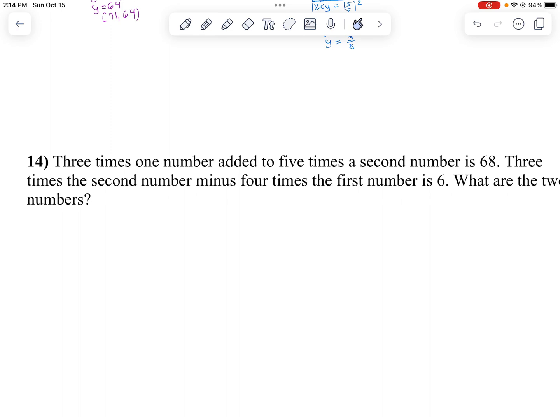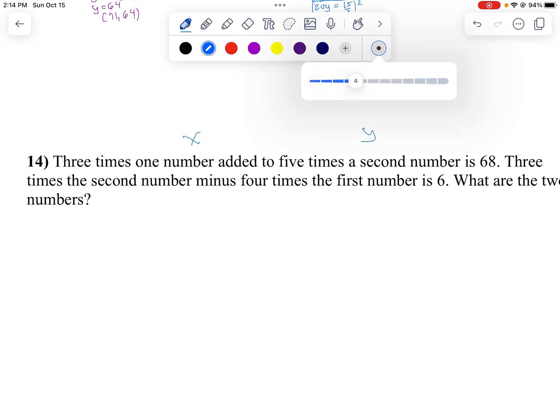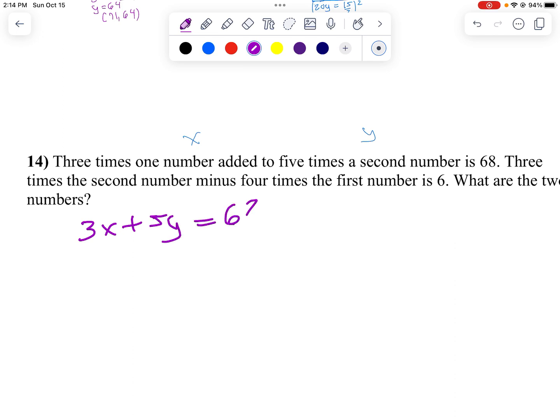So 3 times one number, I'm going to call that first number x, I think. And add it to 5 times the second number, so 5y is 68. So when I write my system here, I'm going to say 3x plus 5y is 68. 3 times the second number, well, my second number is y, so I'm going to go 3y minus 4 times the first number, minus 4x equals 6.